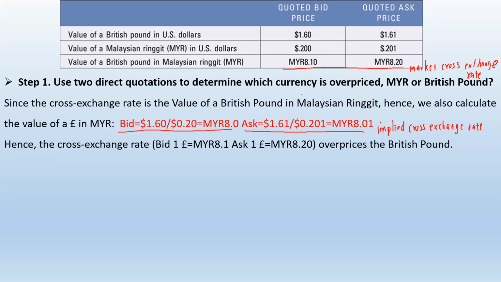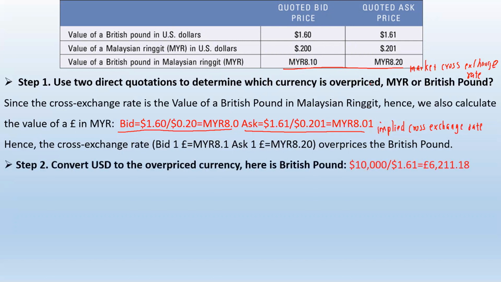Because the implied cross exchange rate implies that for the bid price, 1 British pound should equal 8 MYR. But in the market, 1 British pound can trade for 8.1 MYR. So the British pound is overpriced. The same happens for the ask price.